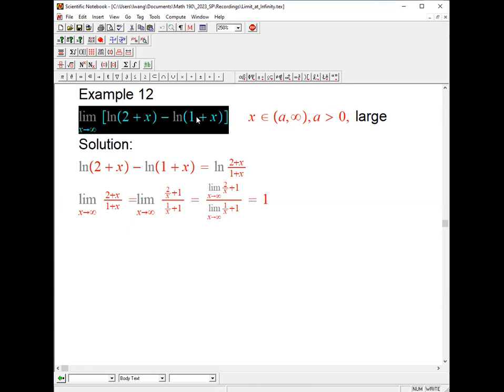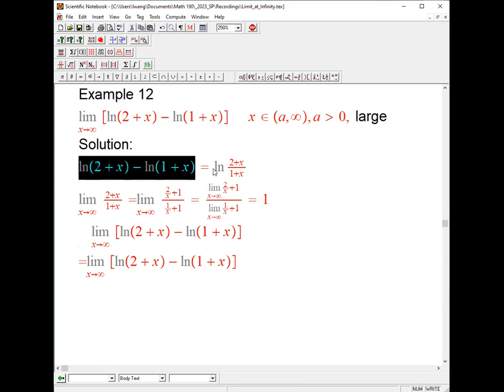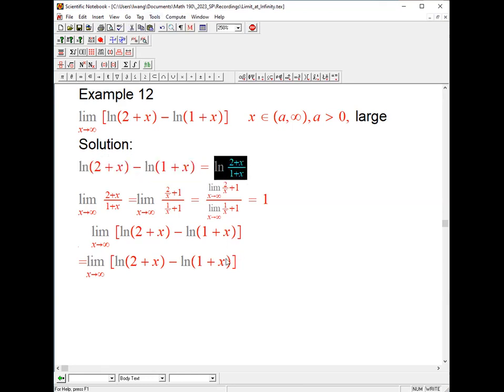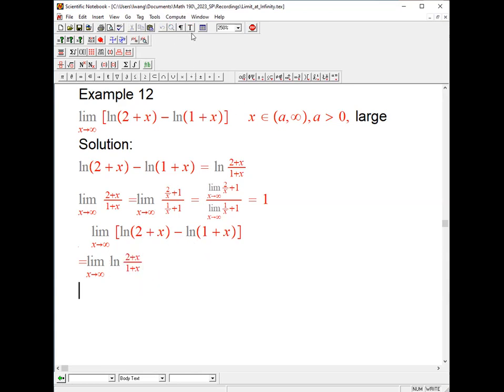So at this point, the next step, you're going to write the limit, but you're going to replace this piece by that, and bring the limit across the continuous function.